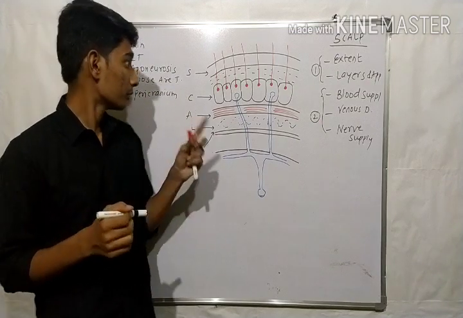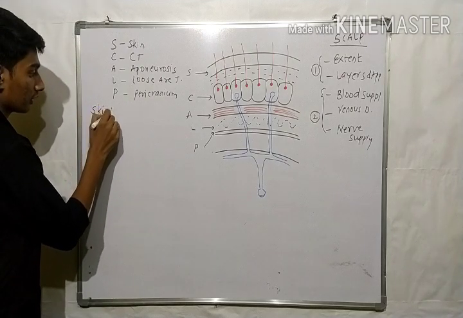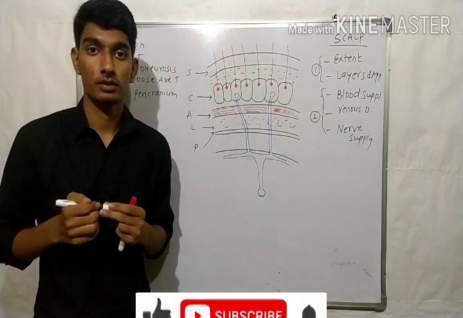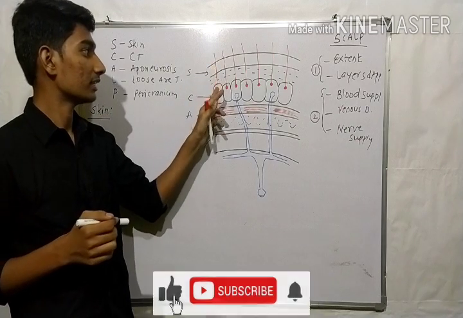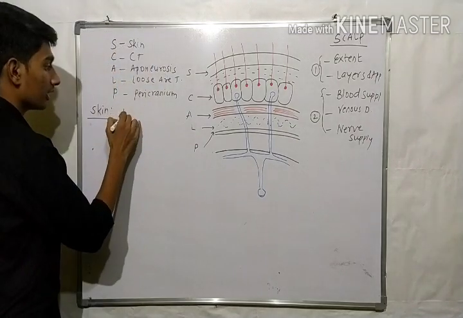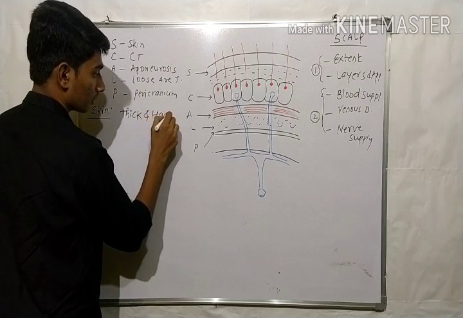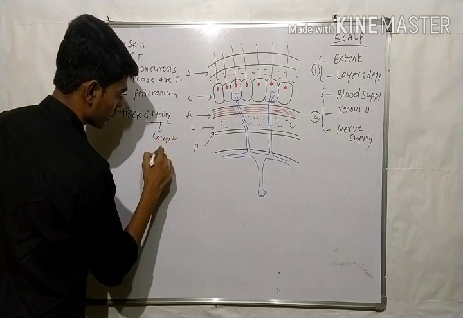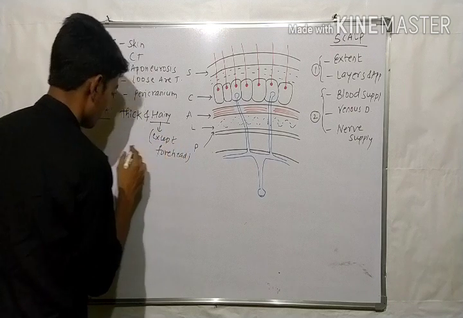Now first of all we will talk about the skin. The skin of the scalp is thick and hairy, and it contains hair follicles, thick and hairy except the forehead.